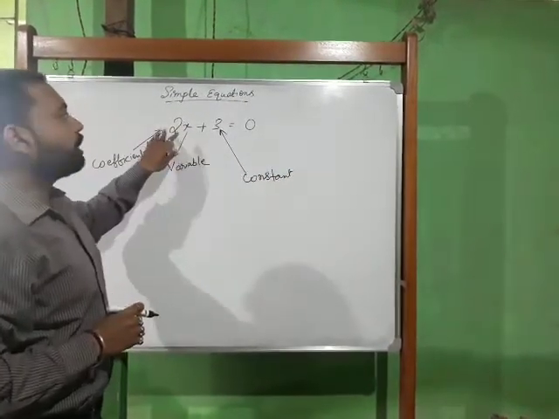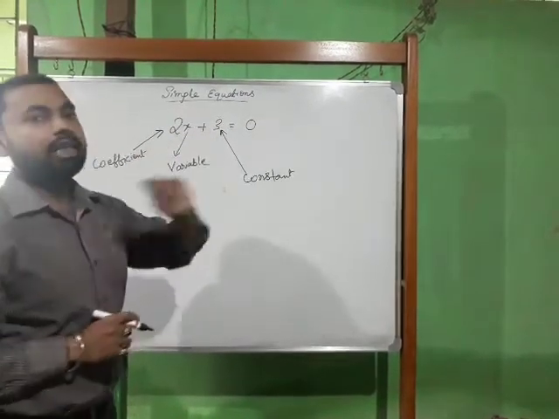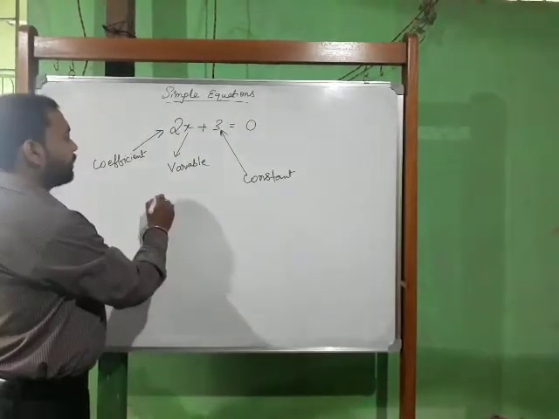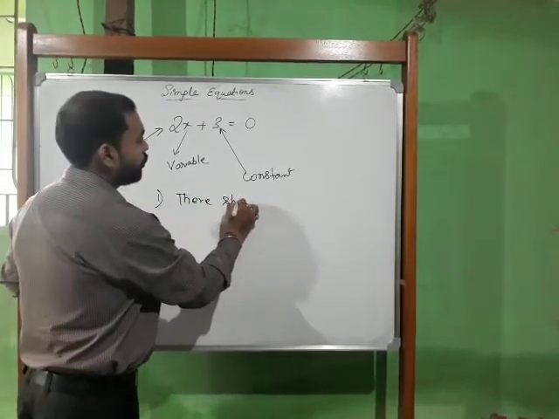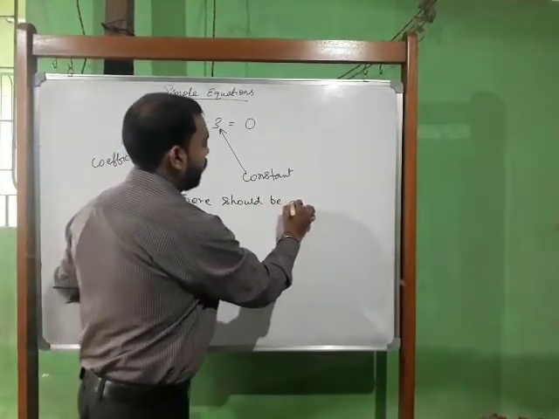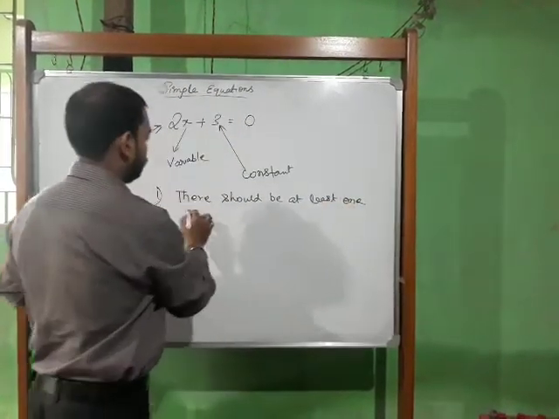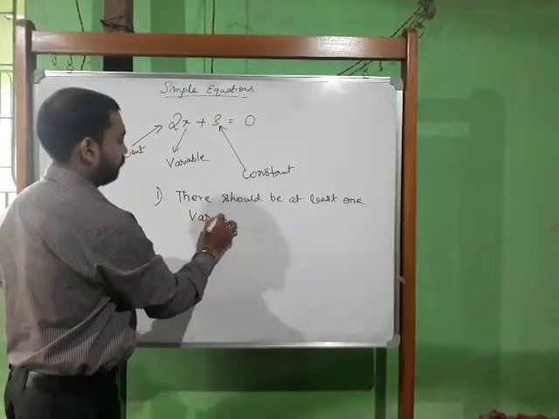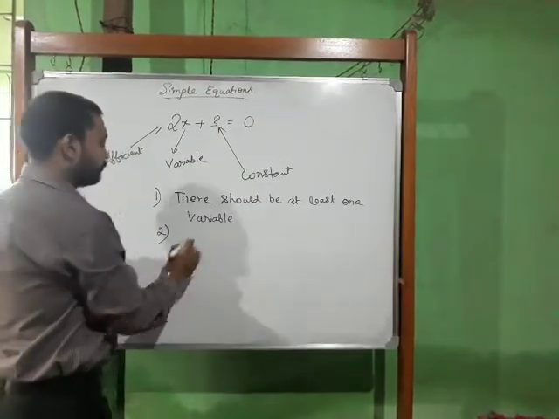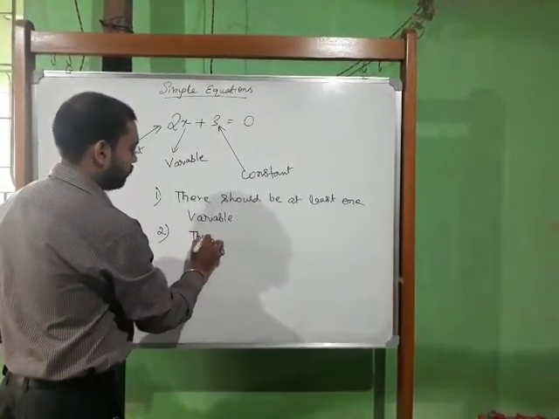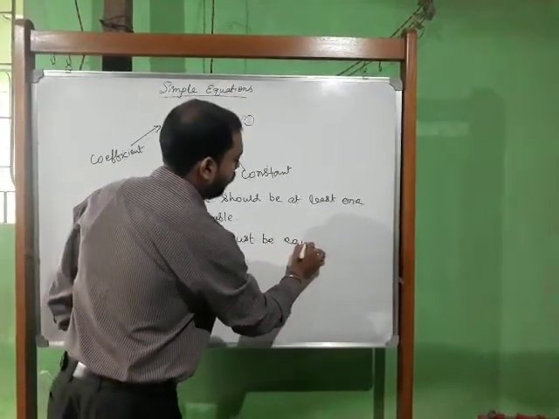So from this we can say that in a simple equation, two things are mandatory. Number one, there should be at least one variable, and number two, there must be an equal sign.